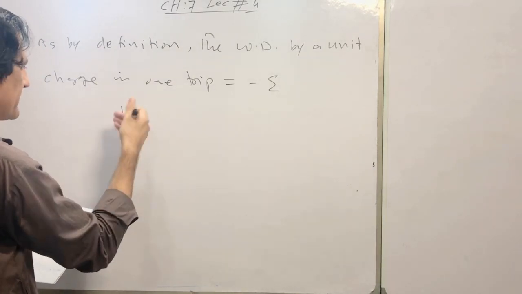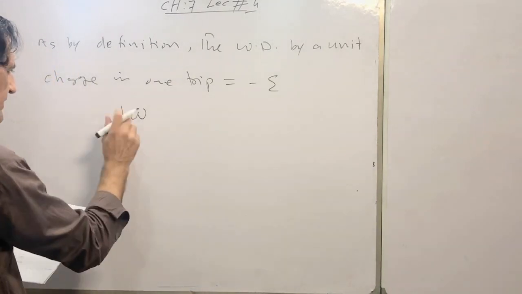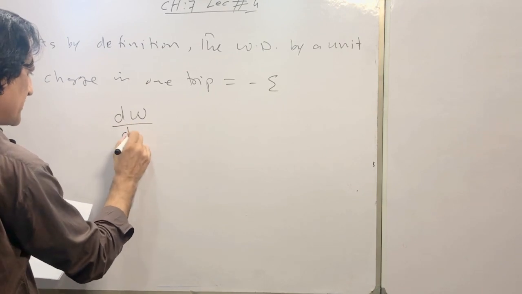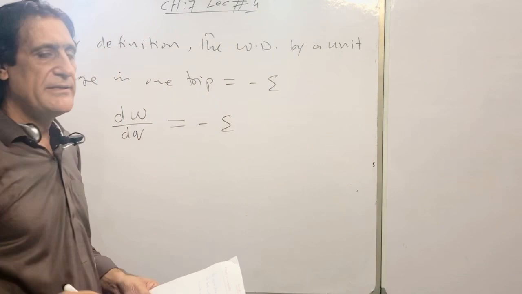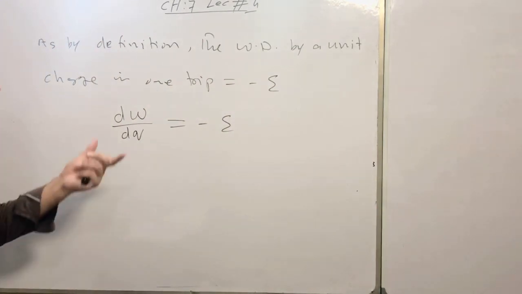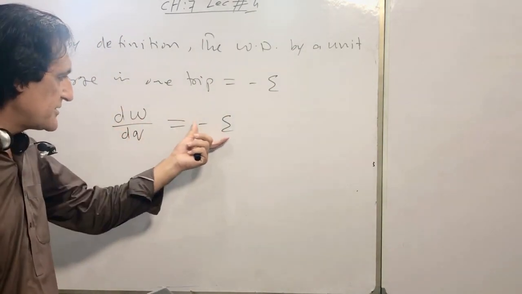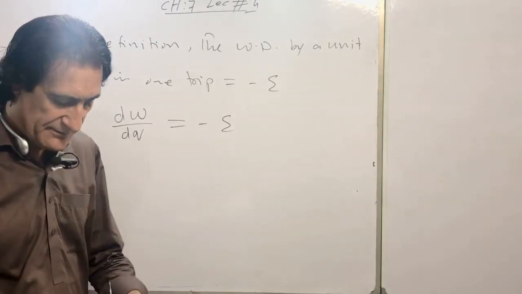Mathematically, I want to write down the work done per unit charge, dW divided by dq, which is equal to minus EMF.